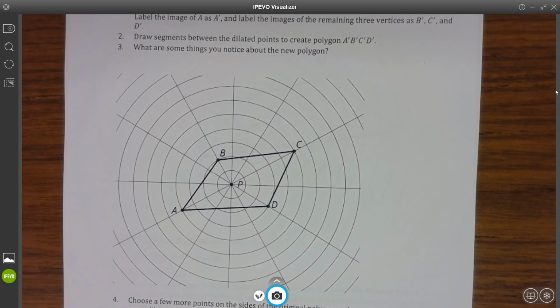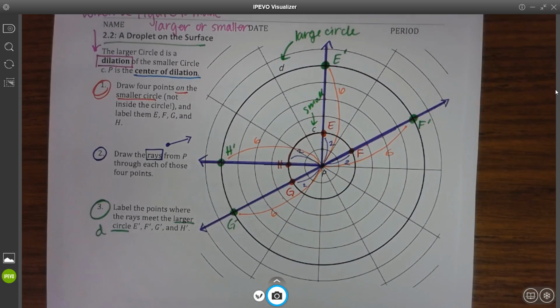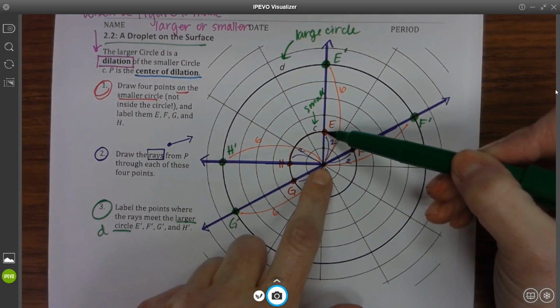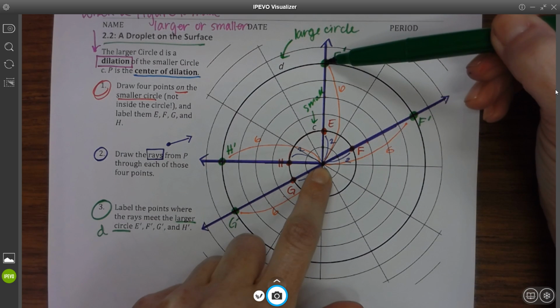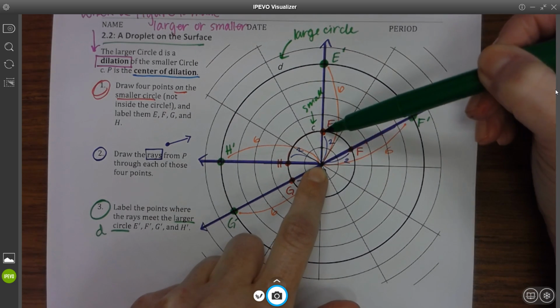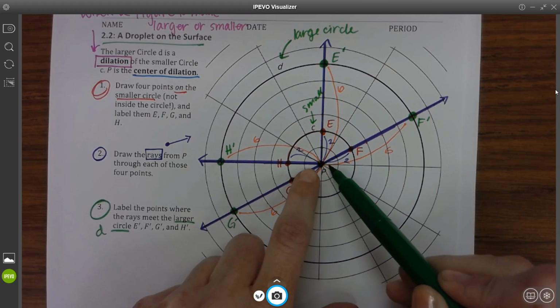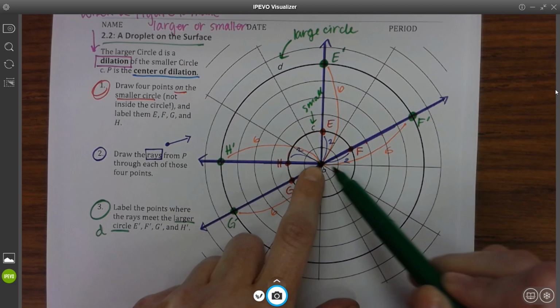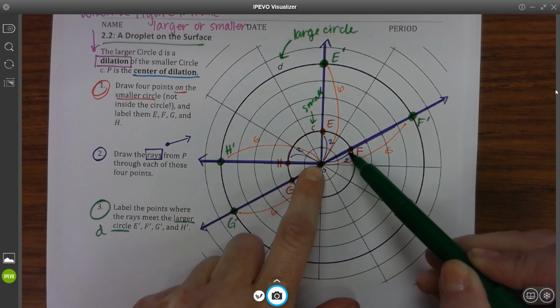So let me bring this back real quick. If I look at E and E prime is 6 away. So it's 3 times as far from the center as E is. You see that? Everything gravitates from the center. So F prime is 6 away, F was 2.